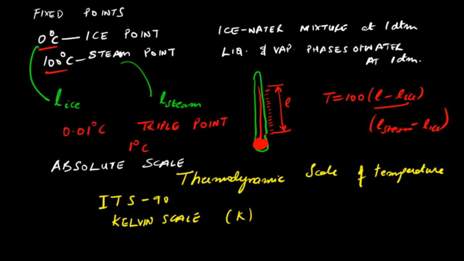These two scales, the Celsius and the Kelvin scale, are related by this relationship. Temperature in Kelvin is given by temperature in degrees Celsius plus 273.15, where 1 Kelvin is defined as 1 over 273.16 times the temperature of the triple point of water.